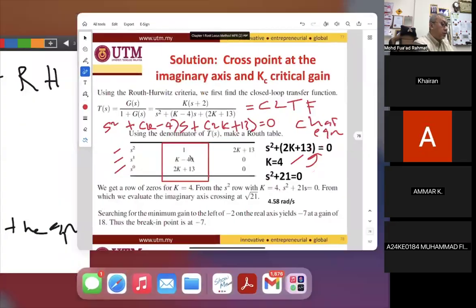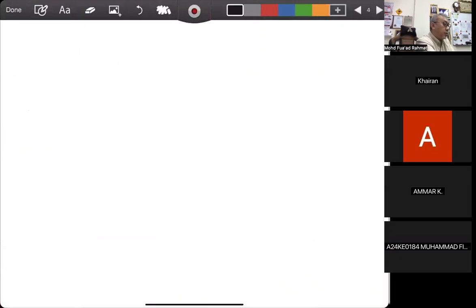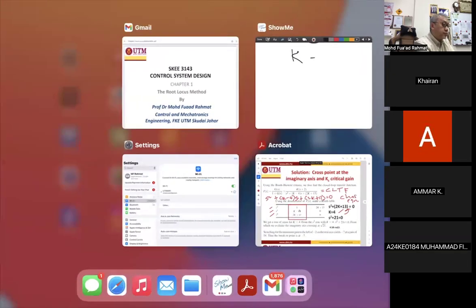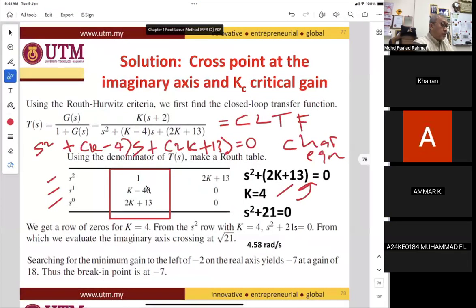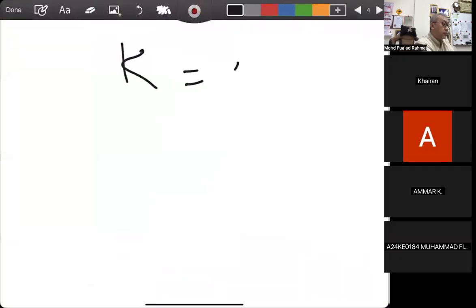S squared, 2k plus 13 equal to 0. So k is equal to 4. Okay, and then we insert inside.